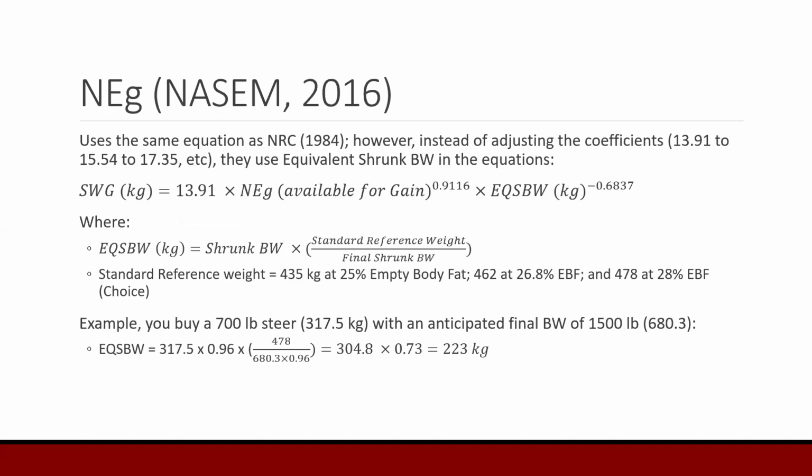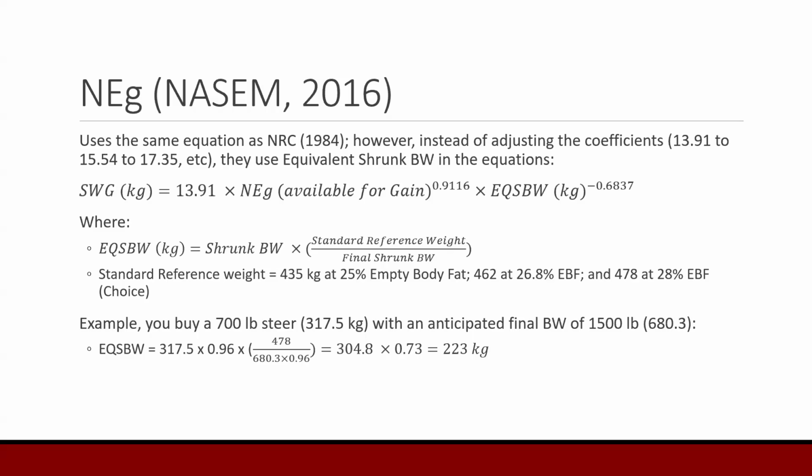Okay, so this is the NEG equation. We went over this in our first lab, so we'll have a little bit of a review. This equation uses the same original equation that was developed in 1984. However, instead of adjusting the coefficients based off frame size and class of animal, heifer versus steer or bull, right?